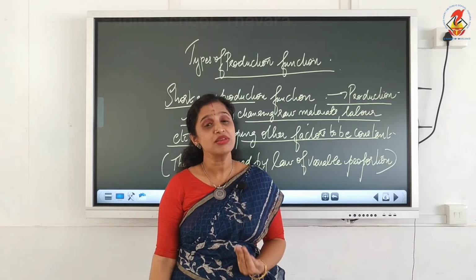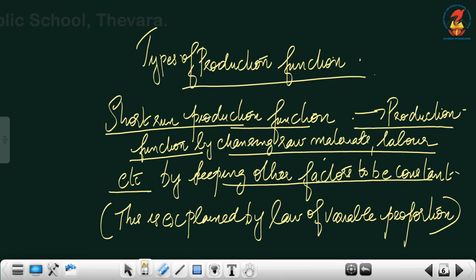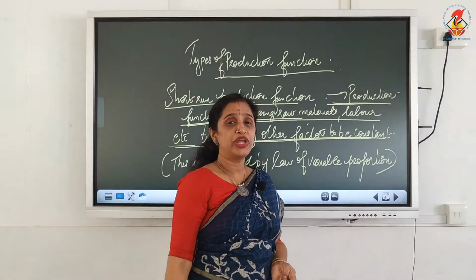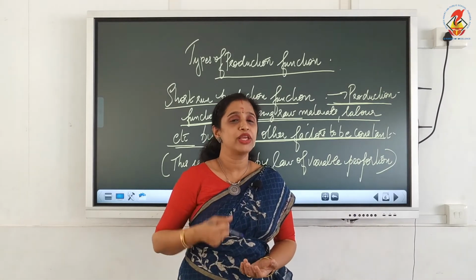So once again I'll explain what is meant by short run production function. The production function that takes place only by changing the raw materials, labor, etc. by keeping other factors to be constant, because you know in the short run there is no need of changing the building, land or machines.